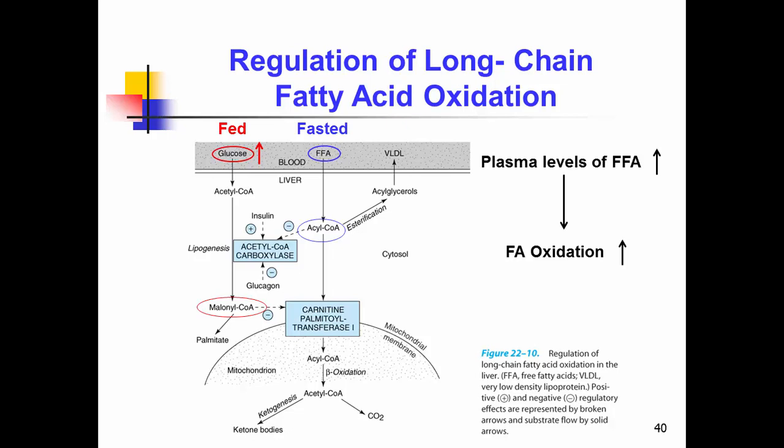And try to remember, malonyl-CoA is also a key substrate. Malonyl-CoA can inhibit CPT1 enzyme activity. CPT1 is on the mitochondrial membrane, right? This is again a key enzyme that controls fatty acid transport from the cytosol into the mitochondria.